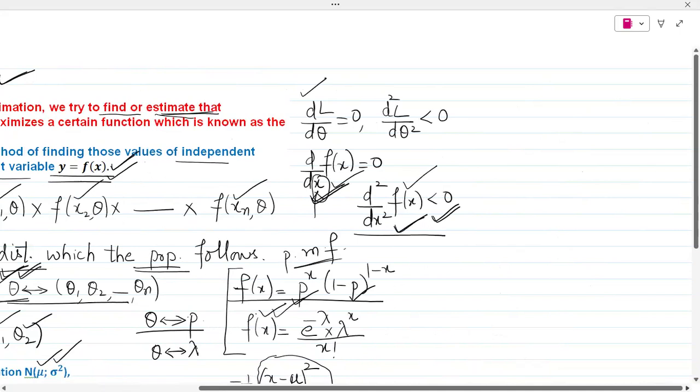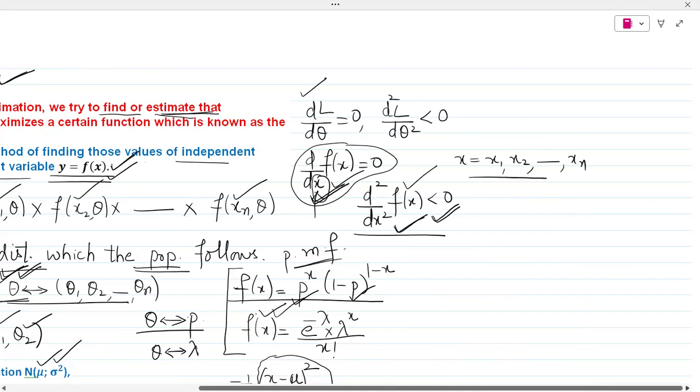So from the first equation, we get x equal to x1, x2, going on to xn. So what are these points? These points are stationary points or critical points where possible maxima or minima can occur.